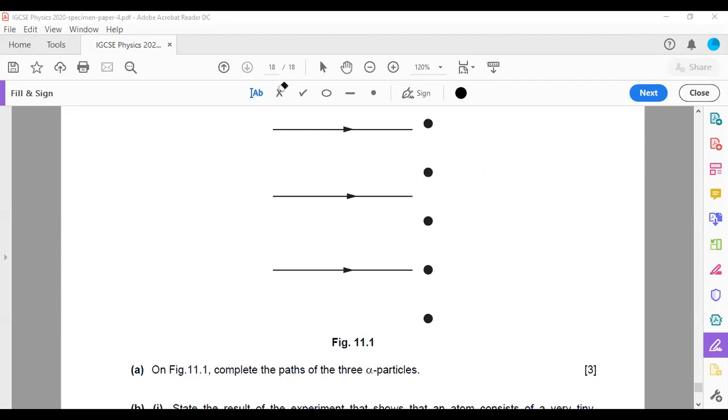So if this one will go straight across, this one here will go towards the top one would be deflected something like this. So wait, I'm going to draw this properly. Alright, so it'll be deflected something like this.